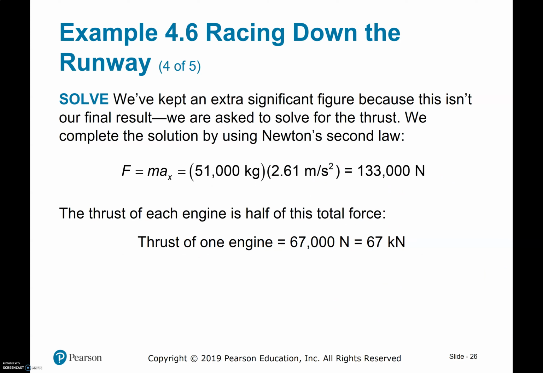Now that we have the acceleration, we can solve for the force by using Newton's second law, and we get that this is 133,000 newtons. To have an idea of the size of this force, remember that your weight is roughly 600 newtons. So that's a huge force.